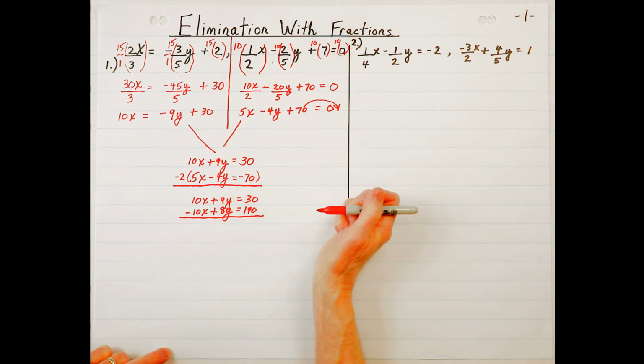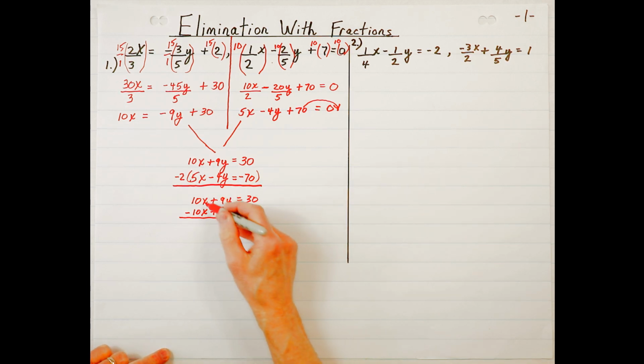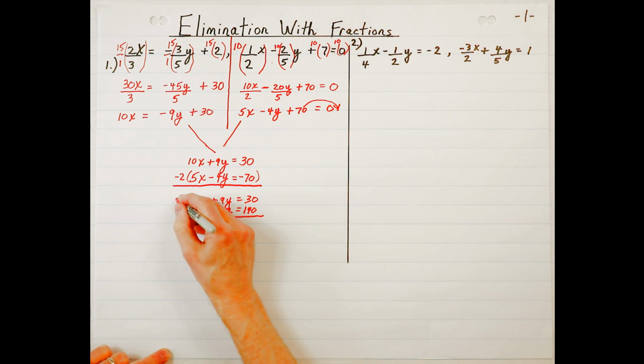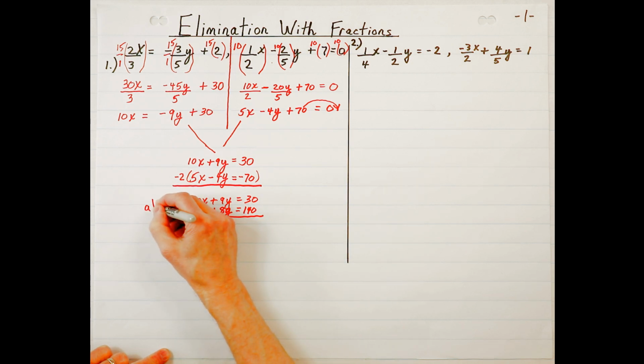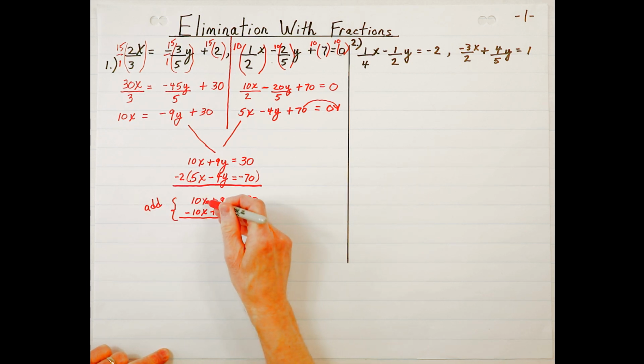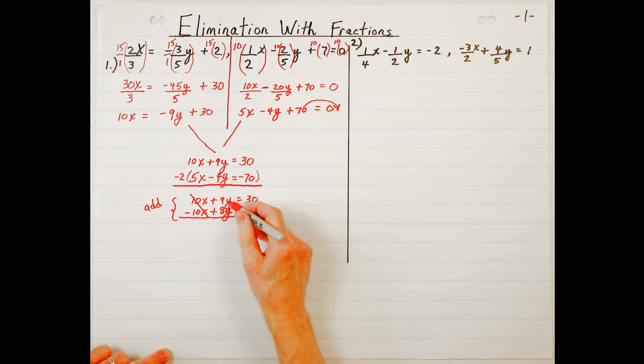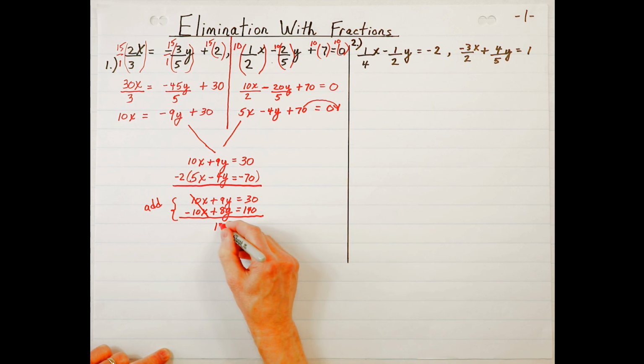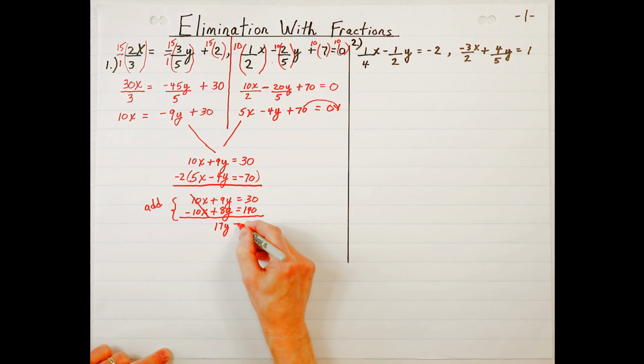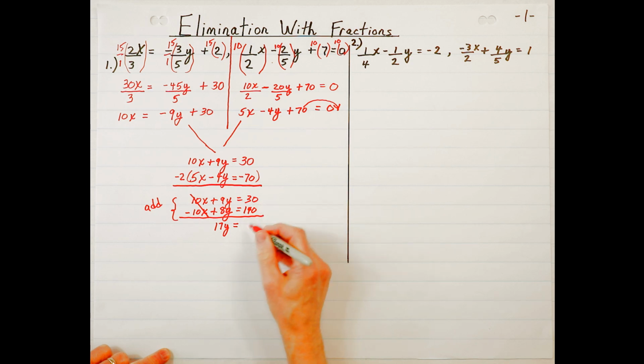All right, what happens? We are now able to add. 10x and negative 10x give you 0x, so we say they are canceled out. 9y plus 8y is 17y equals 170.